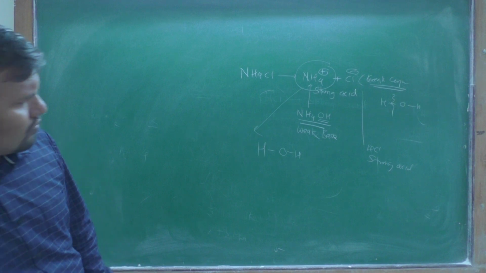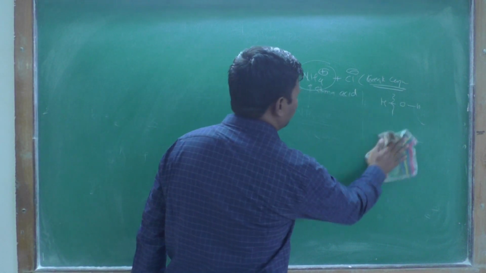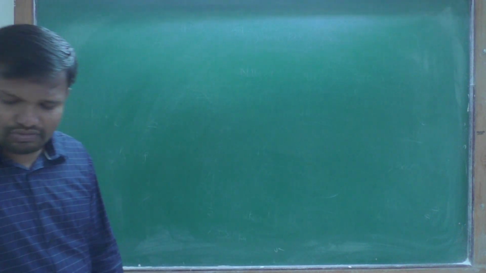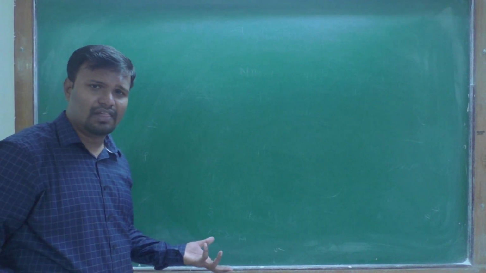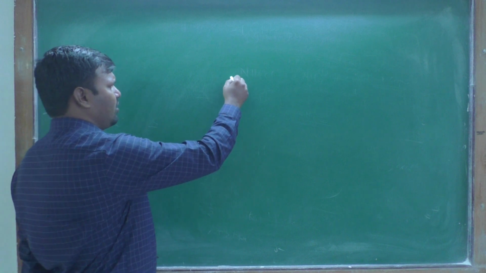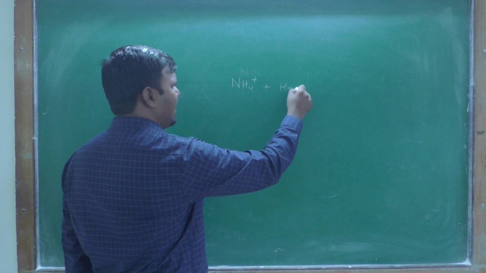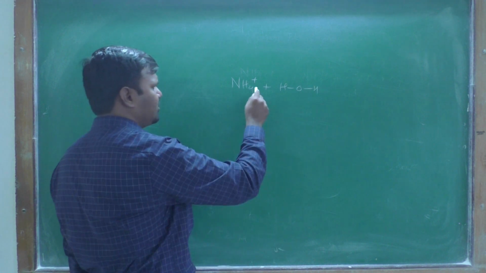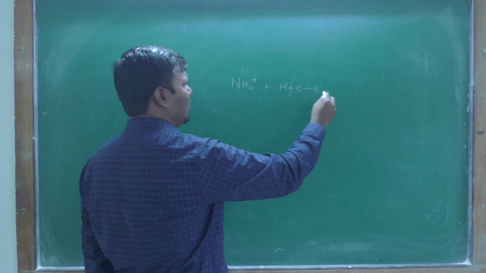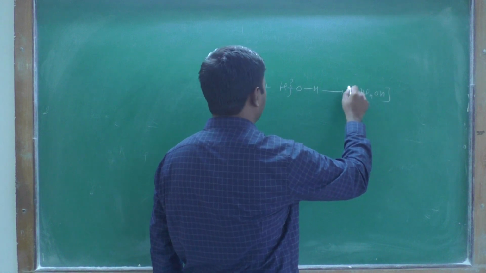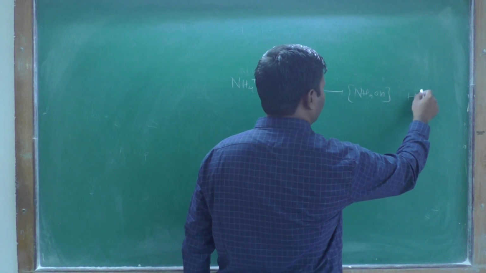Now we take NH4 plus, the conjugate acid of NH4OH. NH4 plus, on adding water, breaks to give NH4OH and H plus ions.